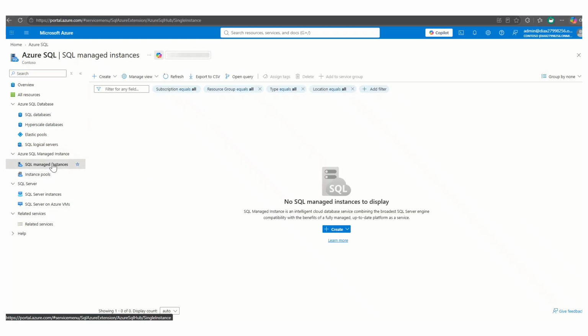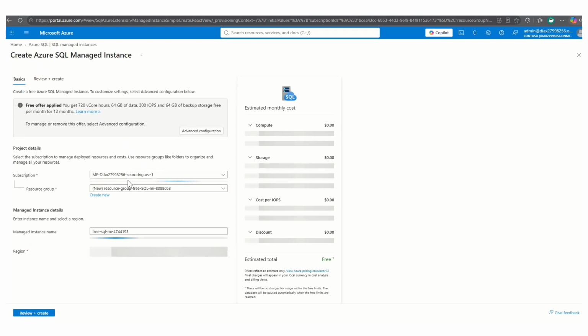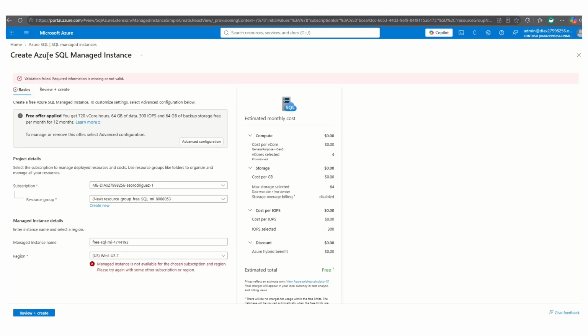I don't think I could create one, only the free one, and the free one doesn't have many things that you could actually configure. That's why I don't really like this.